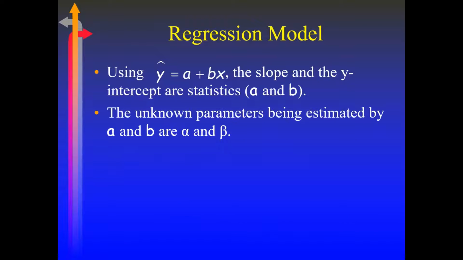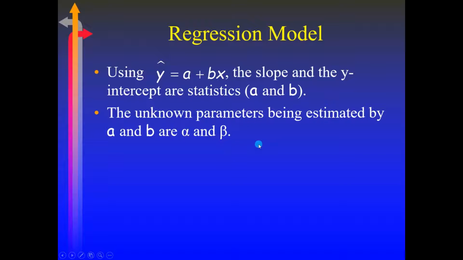Those would replace a, your y-intercept from a sample, with alpha, which is a recycled Greek letter. We've used it for other things. That would be the true y-intercept for an LSRL from the entire population. Likewise, b is the slope from a sample. If we could get a true slope from a population, it would be beta.